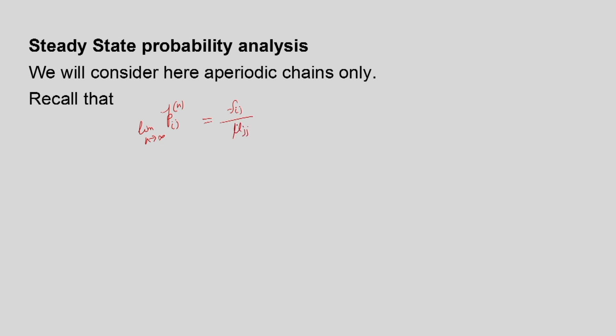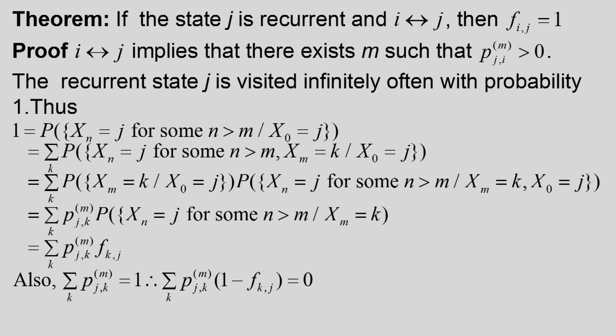So that one we have established if j is recurrent. But how to find out F_ij, that we will derive now. This theorem states that if the state j is recurrent and i communicates with j, then F_ij is equal to 1. We will prove this.